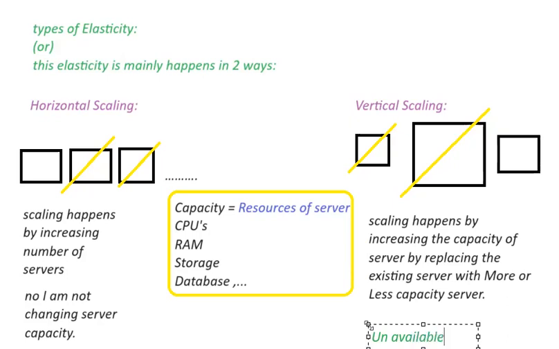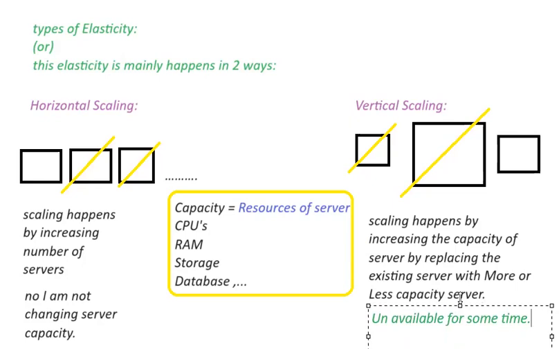So this vertical scaling will be unavailable for a few seconds, for some time, while removing the existing server and launching the new server. That's why vertical scaling becomes unavailable for some time.